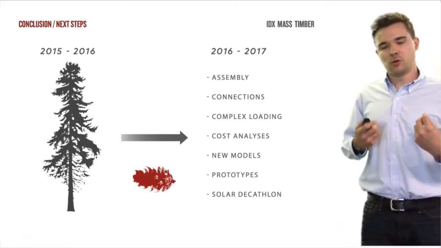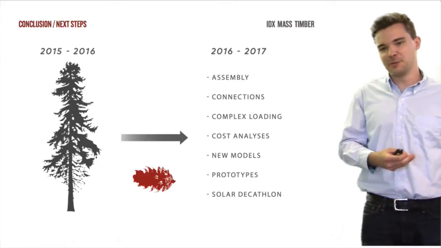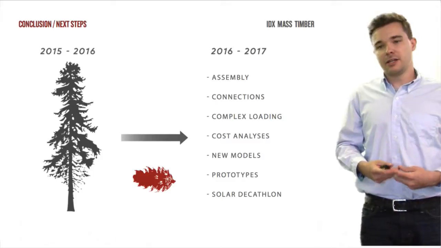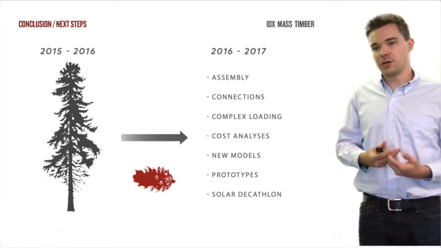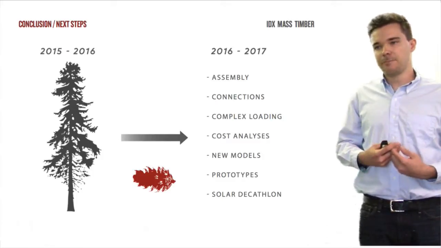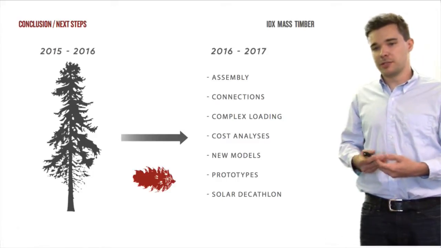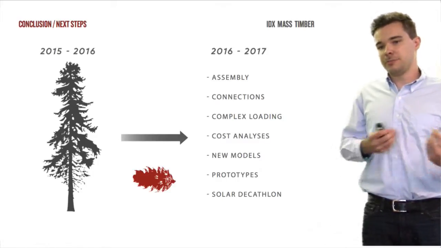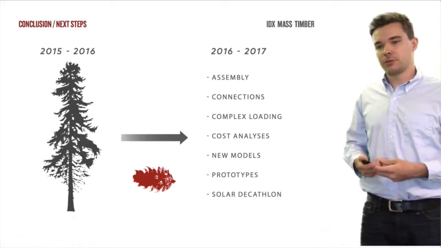They're going to do a more focused cost analysis with actual numbers as opposed to what we did today. They do have new models, including the K through 12 university and single-family low-rise buildings, and they might even be making prototypes for next year's solar decathlon.